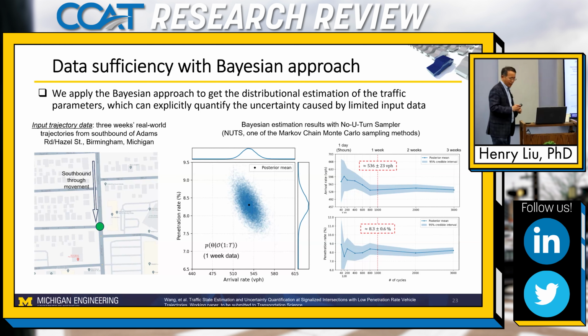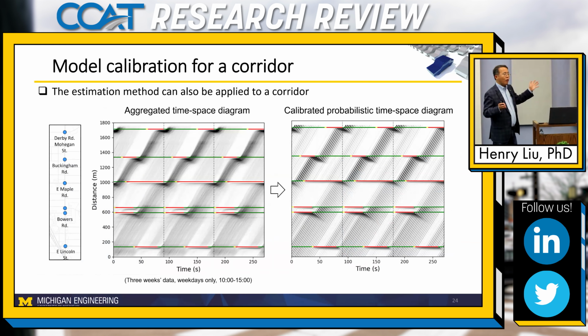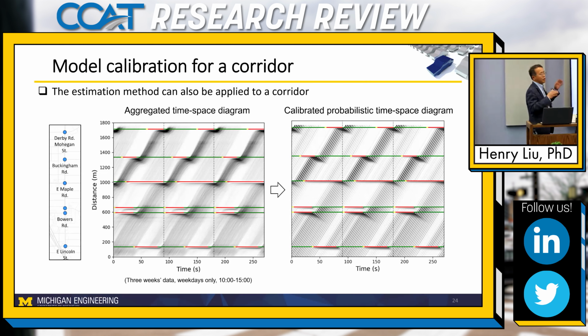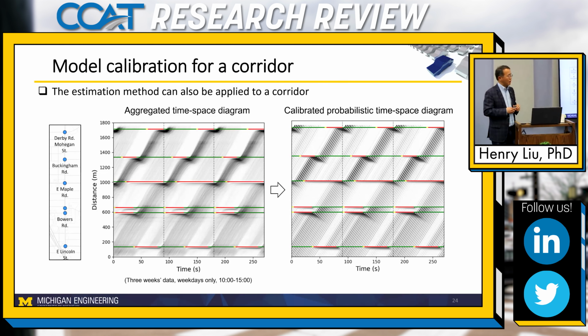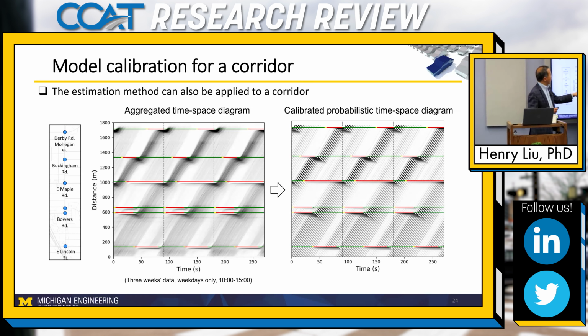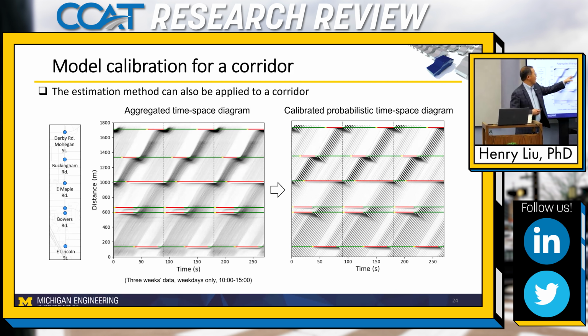Okay, so we have the model, we have the trajectory data. Now we can look at how we utilize that to help us optimize signal parameters. For this intersection with these trajectories, we can calibrate the model.